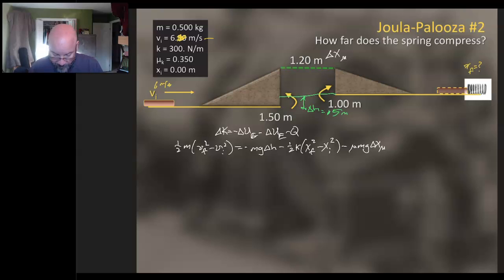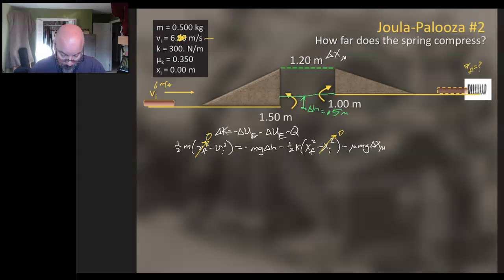Well, anything we can throw away? Well, we know our final velocity term is 0, so that term's going to go away. We know that initially the spring is relaxed, so our initial compression term is 0 there. Okay, and that's all we get right there. Alrighty.